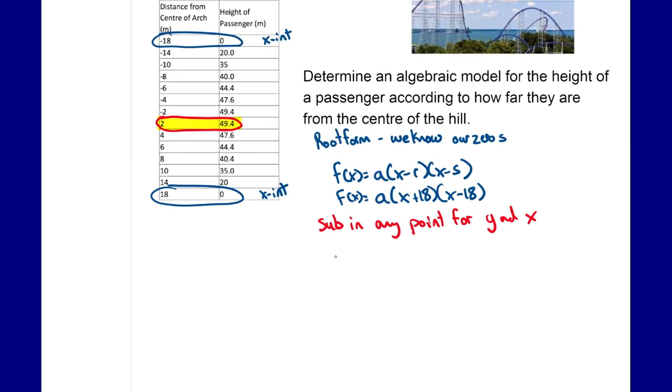So I'm going to plug in that point. So f at x, or the y value, is 49.4. That is going to equal a times 2 plus 18 times 2 minus 18.